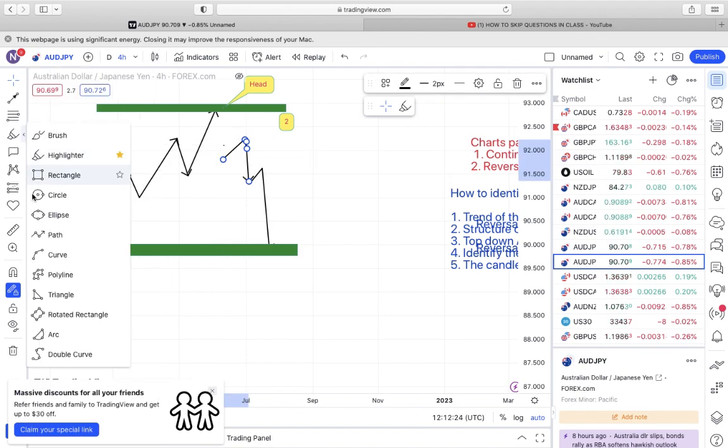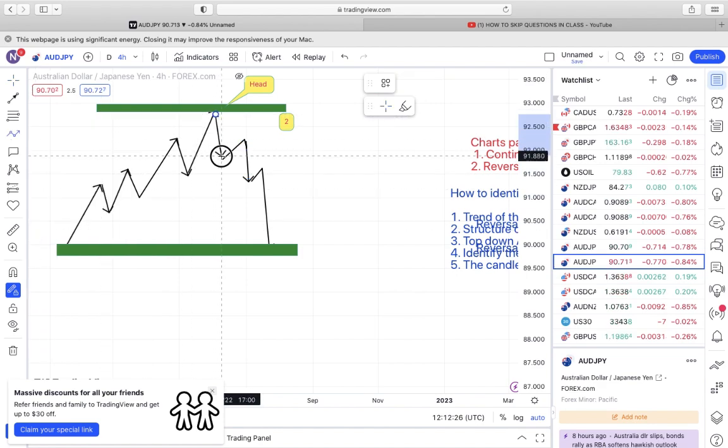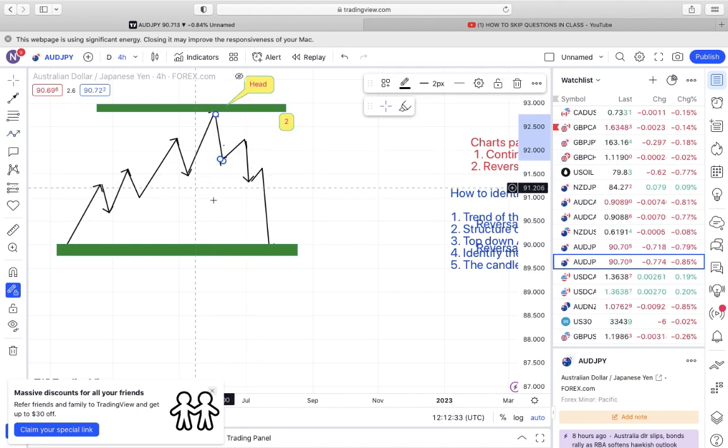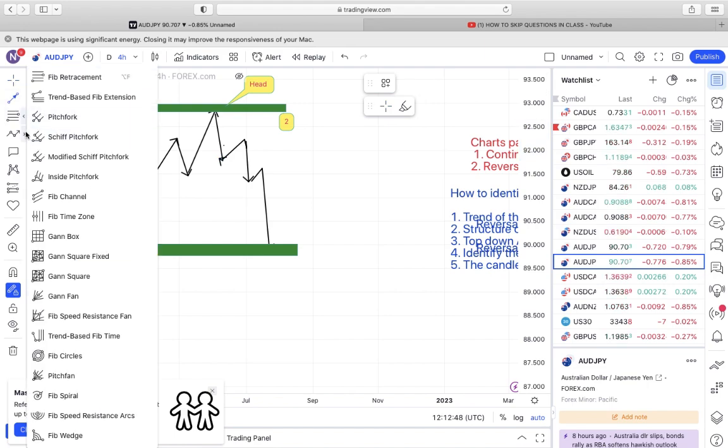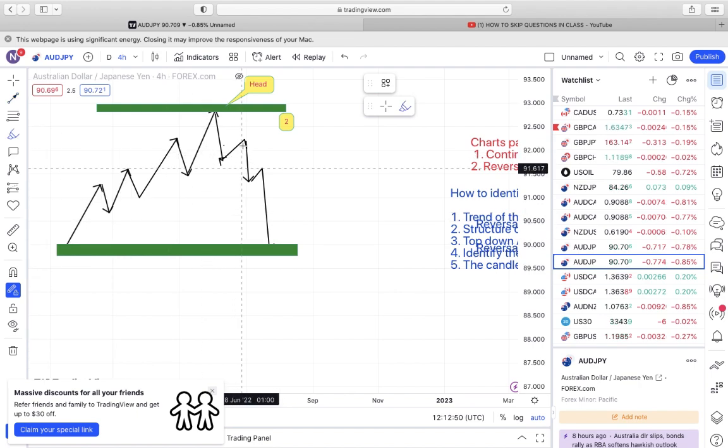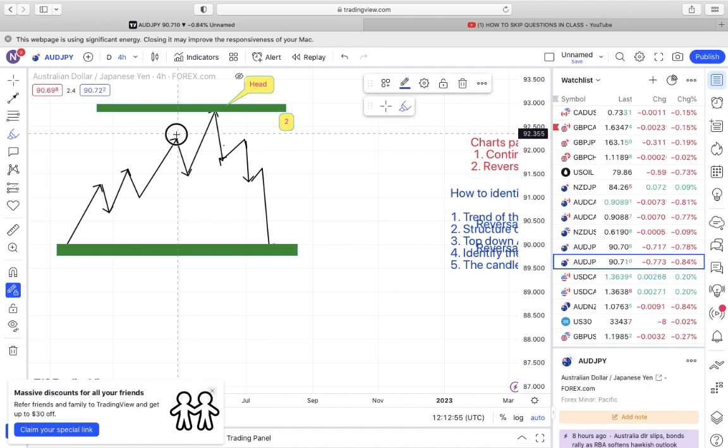We have said the structure of this market is a head and shoulder, and it has formed head and shoulder. Then the third thing you have to know is you have to do top-down analysis and identify key zones. Now let us identify the key zones in this given market. We have identified the support and resistance. This is the head, which is the support. This is the resistance. Now this is the first shoulder, and this is the second shoulder.